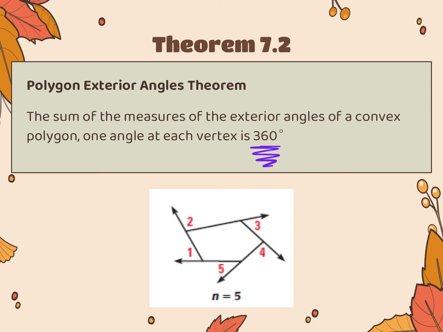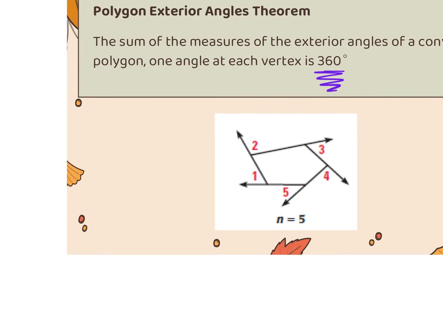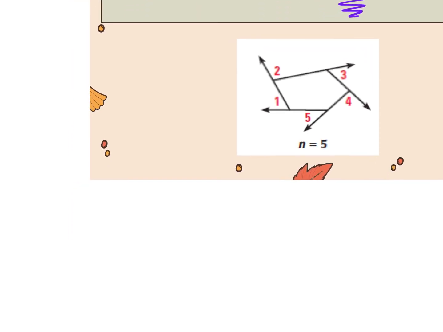So for example, all the red angles here are exterior angles. And the way that you're going to form an exterior angle, let's just look at a triangle. If I have a triangle and I were to extend the sides, it will create an exterior angle.